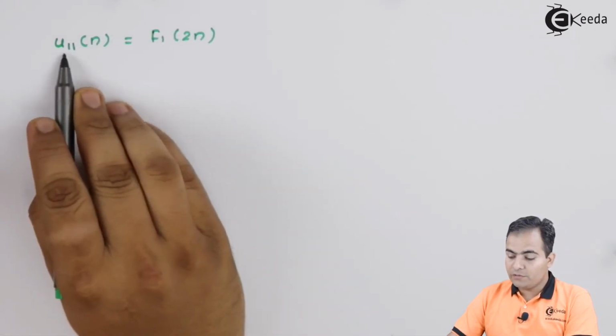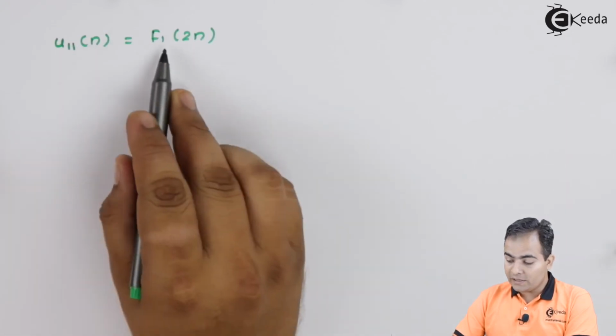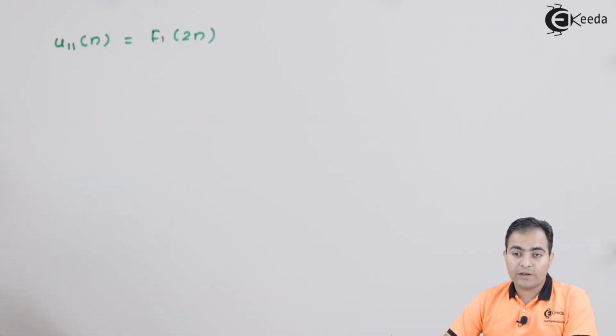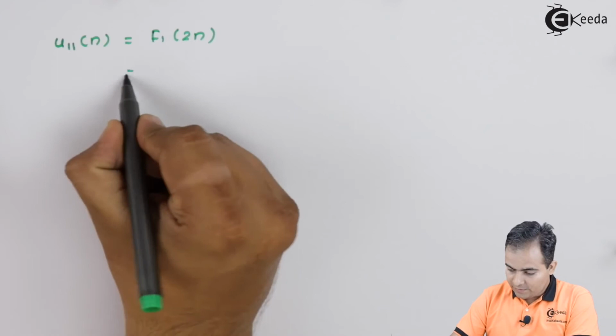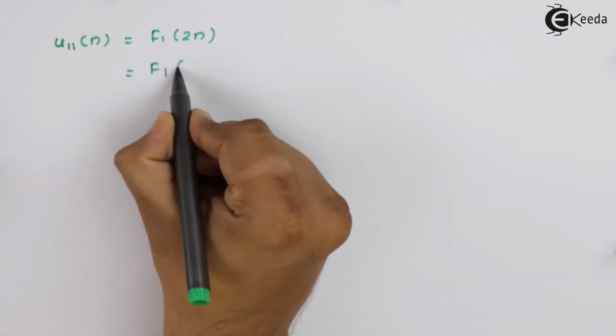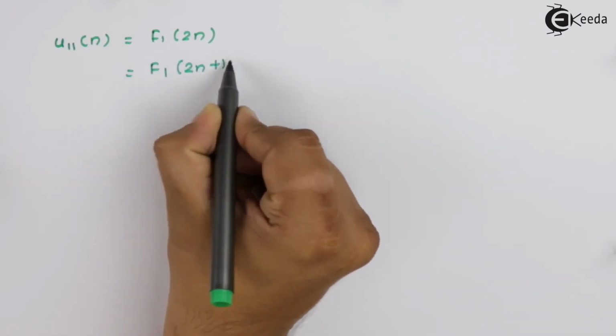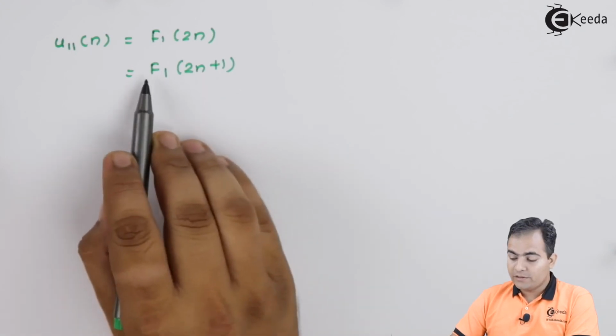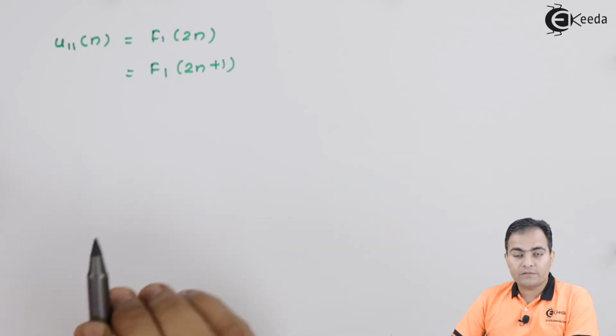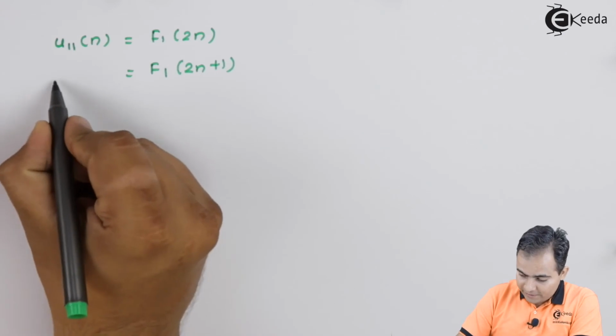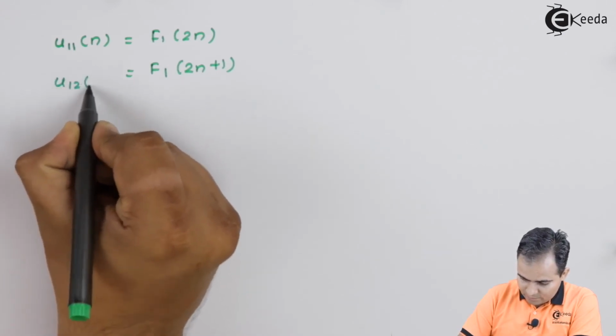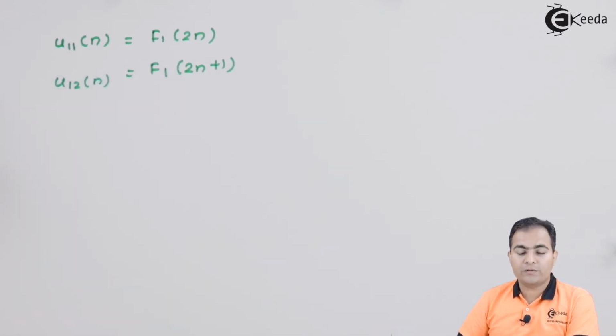Let's say my u11 of n is nothing but the even values, f1 of 2n. Similarly, for odd values, we can write f1 of 2n plus 1, and this can be represented by u12 of n. Now we will do the same thing with the next odd sample, that is f2 of n.